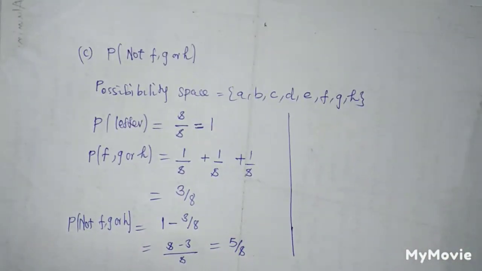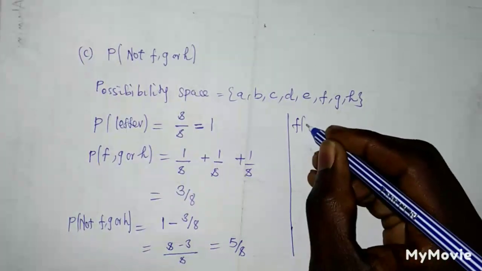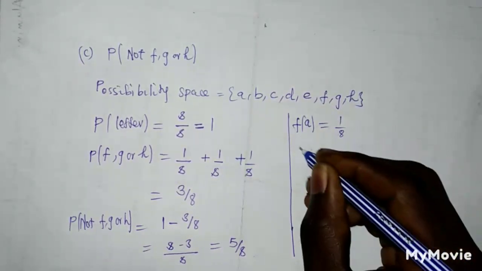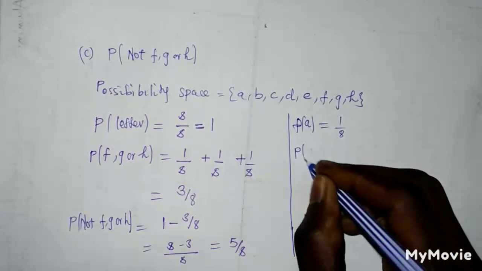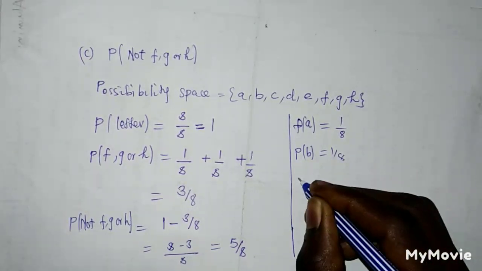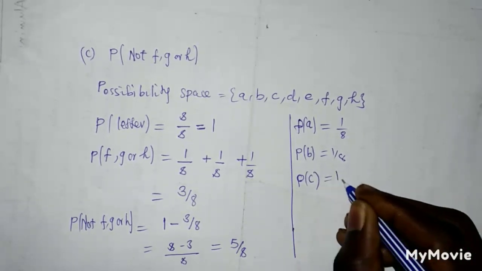Another way we can do this, actually, we can do it individually. We simply say the probability of picking A will be 1 over 8. The probability of picking B is 1 over 8. The probability of picking C is 1 over 8.